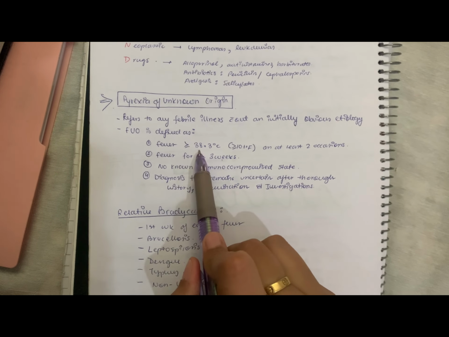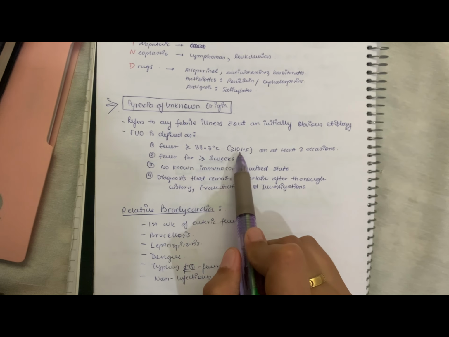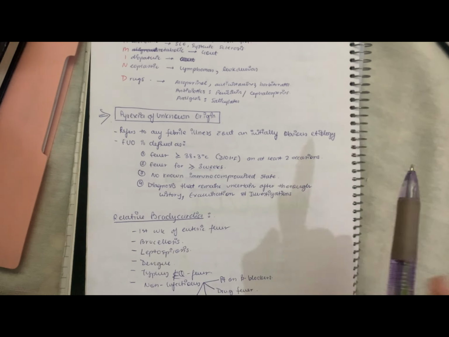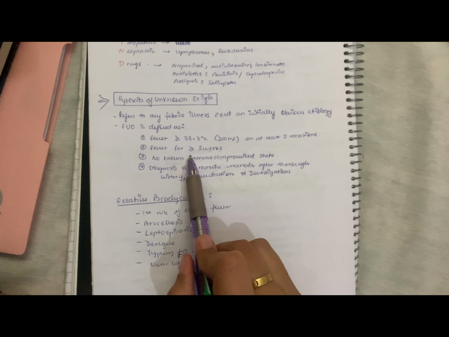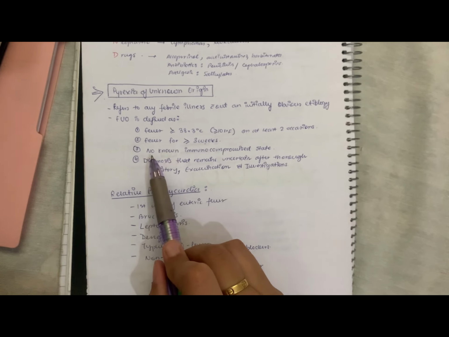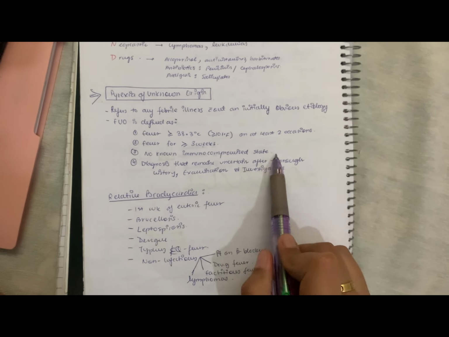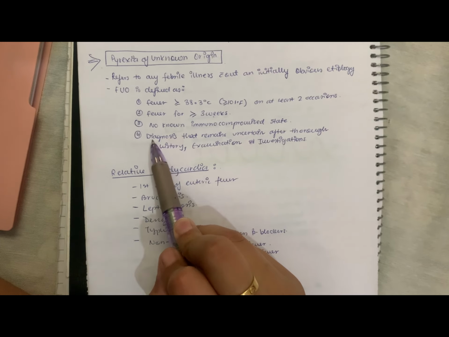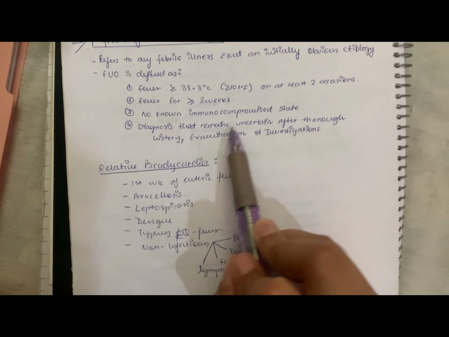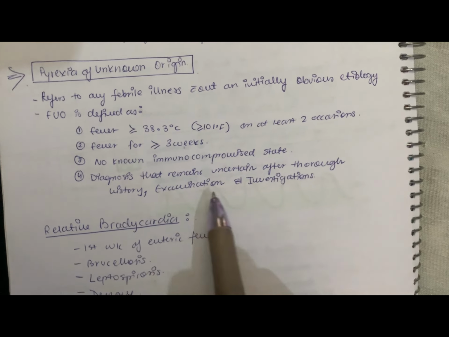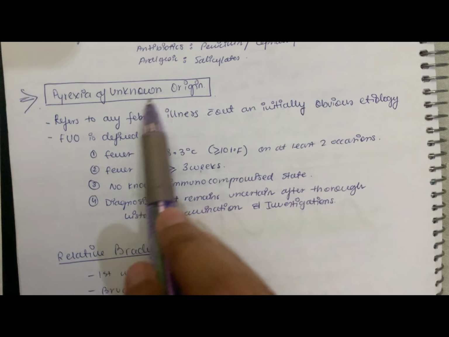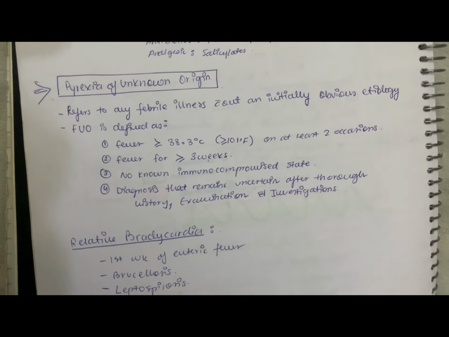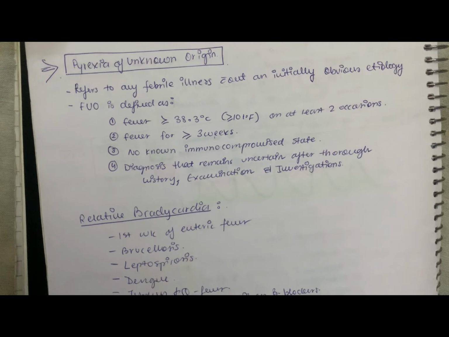So fever of more than 38 degrees centigrade or 101 degree Fahrenheit on at least 2 different occasions, number 1. Number 2, fever for more than 3 weeks. No known immunocompromised state in the patient. Number 3, diagnosis that remains uncertain even through history, examination, and investigation. So these are some points that you need to remember in fever of unknown origin or pyrexia of unknown origin.